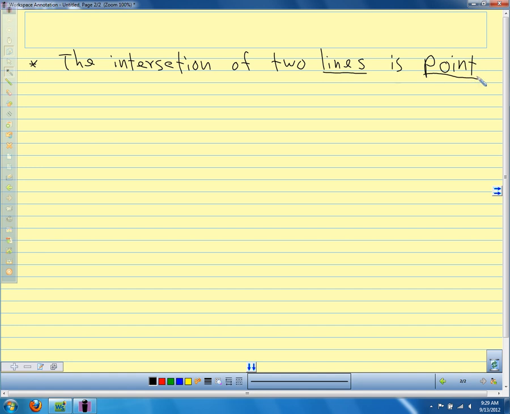We're talking about two of our undefined terms, and we're saying what happens when they come together. So the intersection of two lines is always a point. So that's our first postulate.